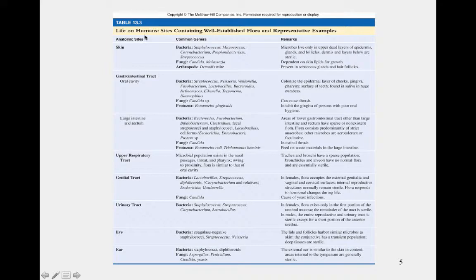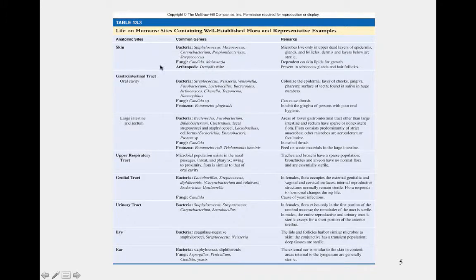Now, as far as the sites of the body that are colonized by microbes, I spent a good amount of lecture one stressing this idea to you guys, but just as a review, I mentioned all over the surface of the skin, so staph for sure, Micrococcus, Corynebacterium, Propionibacterium, strep bacteria, even Candida and arthropods, Demodex mites. These are present in sebaceous glands and also hair follicles.